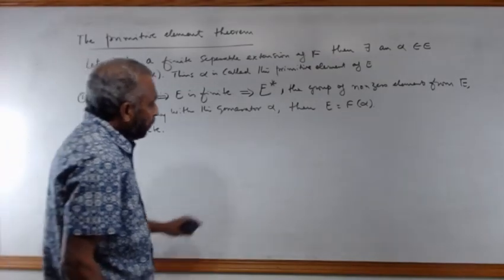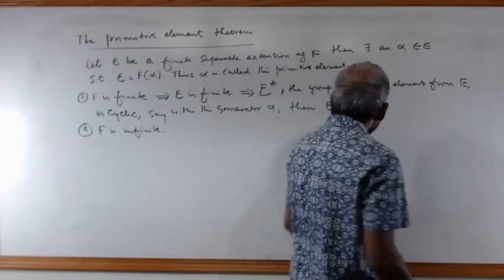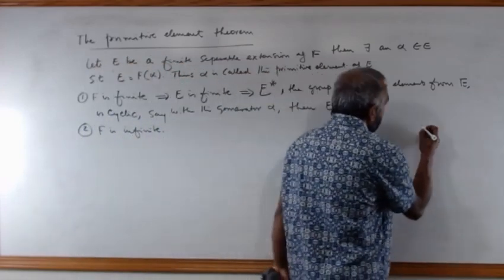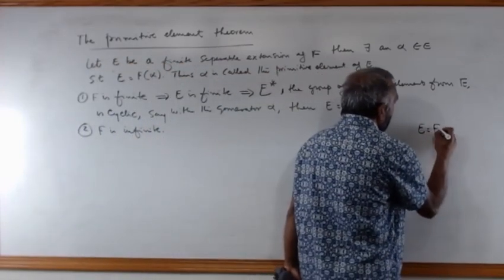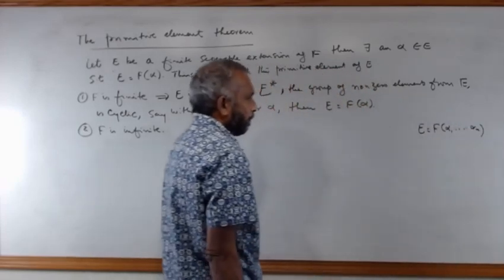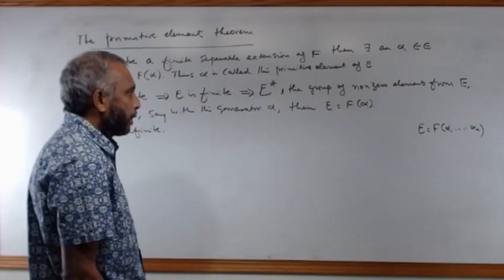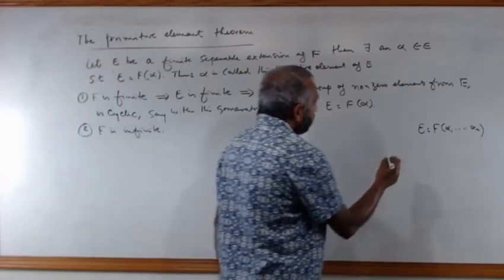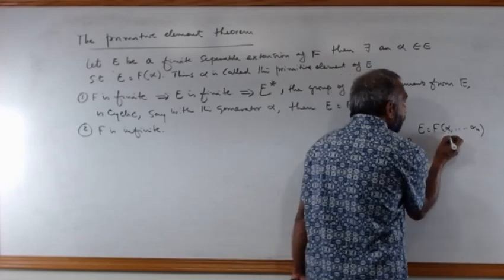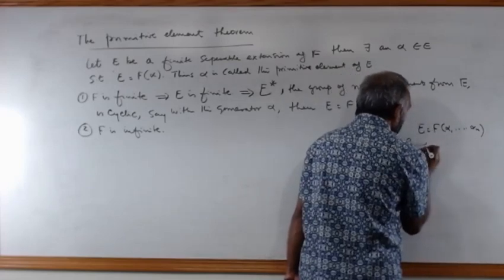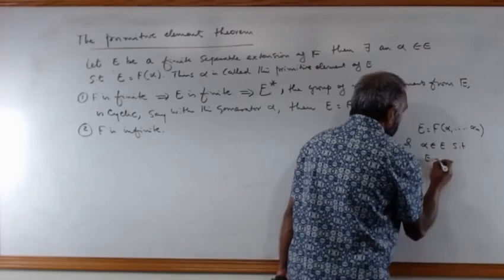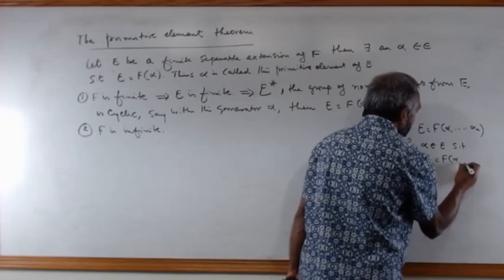So what we need to do is, this is a finite extension, so you can always say E is equal to F of alpha 1 through alpha n. And we want to show that there is an alpha in E such that E can be expressed as F of alpha.